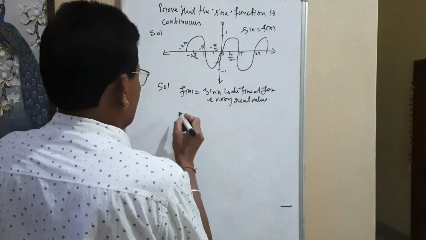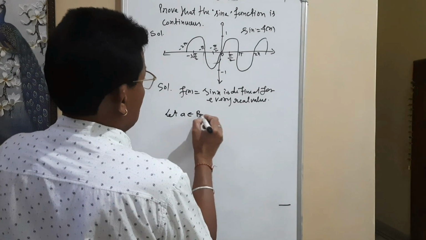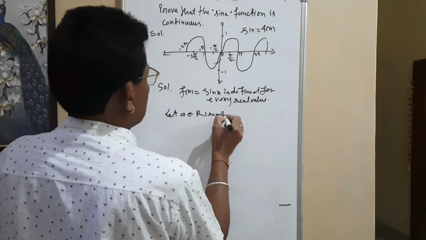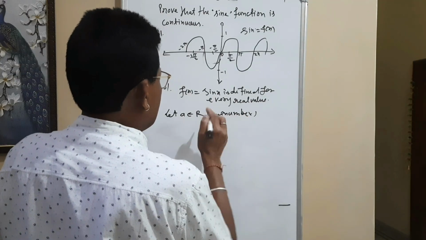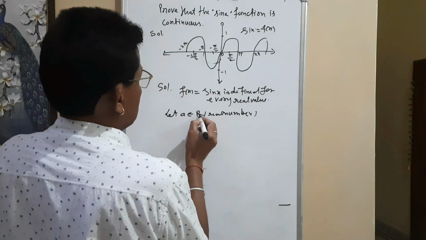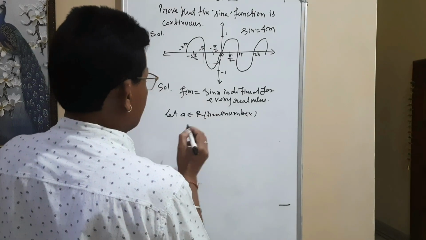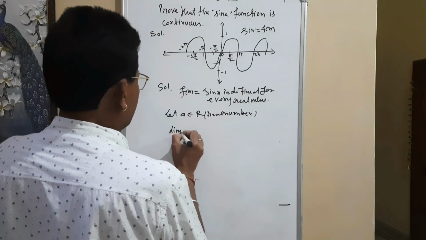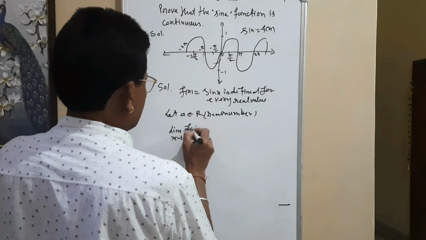That is why you see, let me take a belongs to R. R means real value, real number. This is the real number, my dear student. A, that is also the real number. A belongs to R. R is the real number, okay? Let me take limit x tends to a of sine x, means fx.